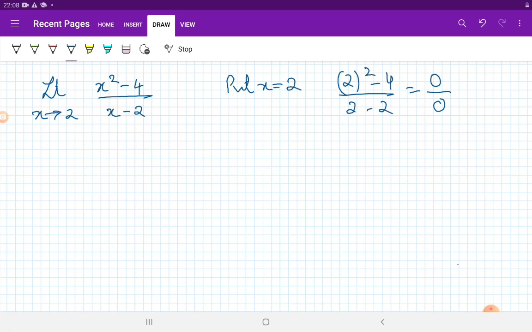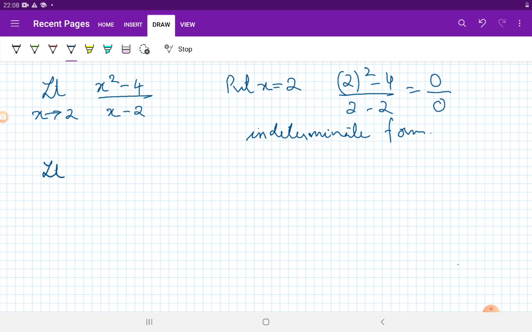Now this 0 by 0 form is called indeterminate form. In a situation such as this, if you get your function at the limit value tending to a in an indeterminate form, it is an indicator that you have to simplify your function in some manner.